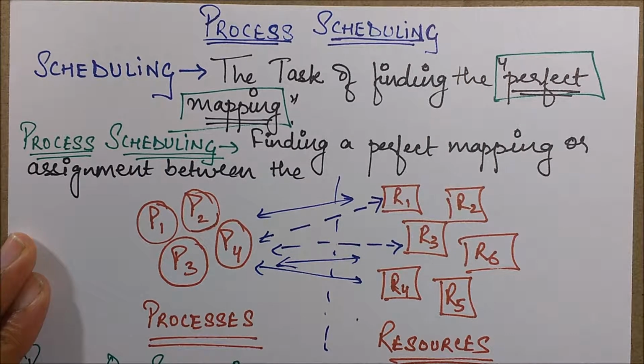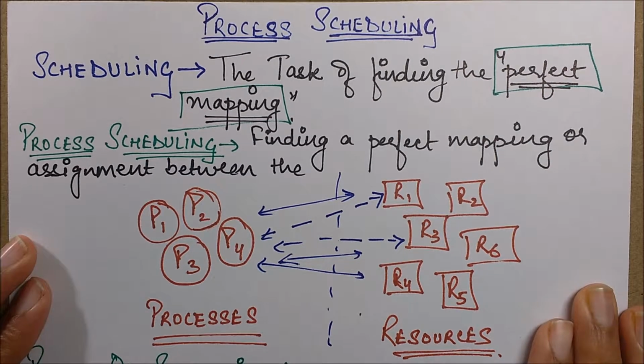Next, we'll be focusing on the life cycle of a process. There are different phases of scheduling in which a process or a set of processes are scheduled to our resource, which is the CPU, the main resource in a computer system.